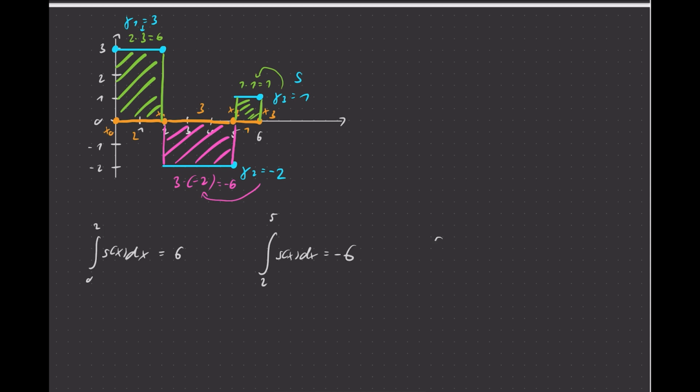If we integrate from 5 to 6, then what we get is this rectangle here, so the area of that is 1. And of course, if we put it all together and integrate from 0 to 6, s of x dx, that's just the sum of all these rectangular areas, so we get 6 minus 6 plus 1, and that is 1.